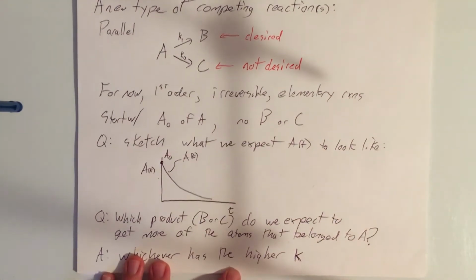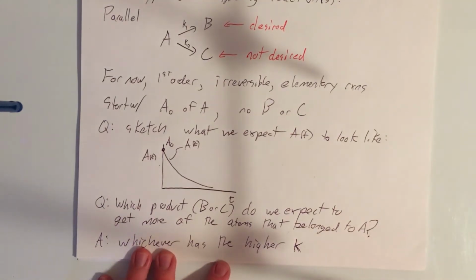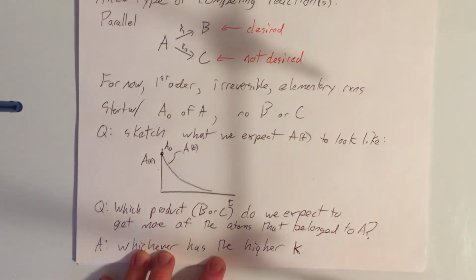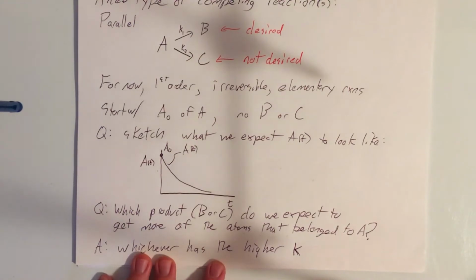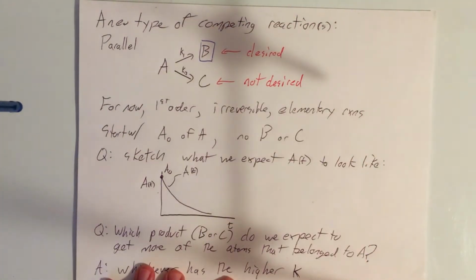So what do we expect B of t and C of t to ultimately look like? We might not know exactly what functional form we expect them to look like, but let's give B this blue color.